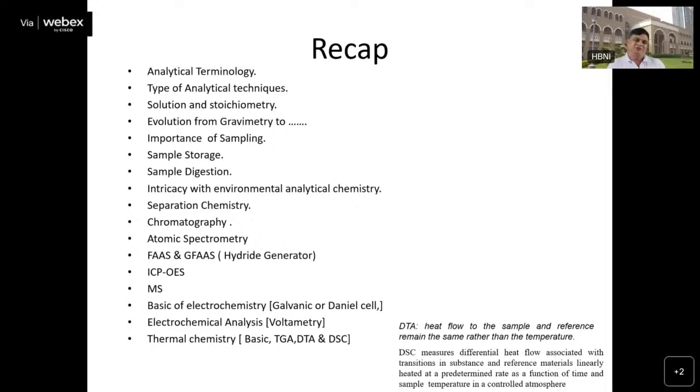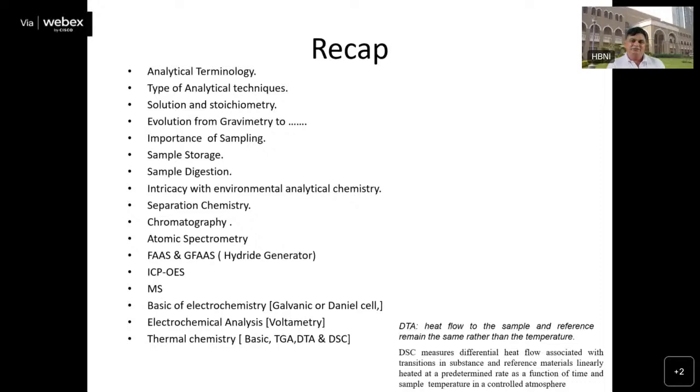Basically, we have to keep both the reference and the sample at the same temperature. So if any reaction is going on, exothermic or endothermic, we either have to give more heat to the system or take heat out of the system. That's how we record DSC curves. Some applications of both DTA and DSC we have also discussed, and the characteristics of the reference material in DSC and DTA.